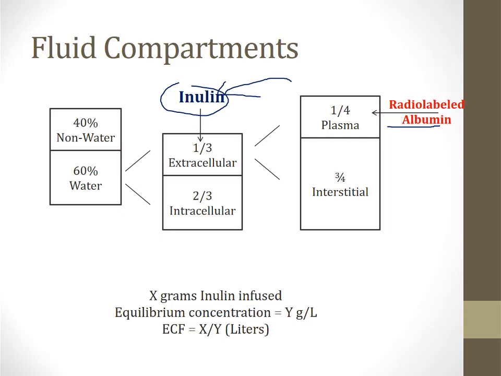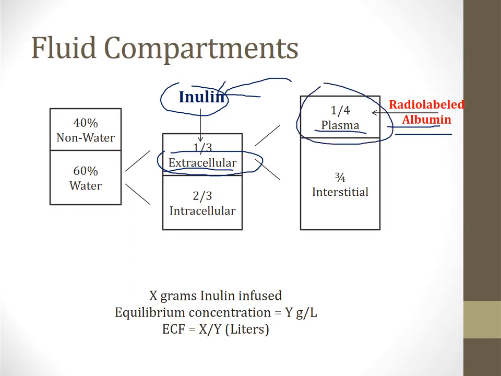But one of its properties is that it remains in the extracellular space, so you can infuse inulin into a patient, measure the concentration, and determine the volume of the extracellular fluid space. Radiolabeled albumin is just a version of albumin that can be measured experimentally, and albumin has the property that it stays in the plasma. It does not cross capillary membranes, so if you infuse radiolabeled albumin and you measure the concentration, you can determine the plasma volume.